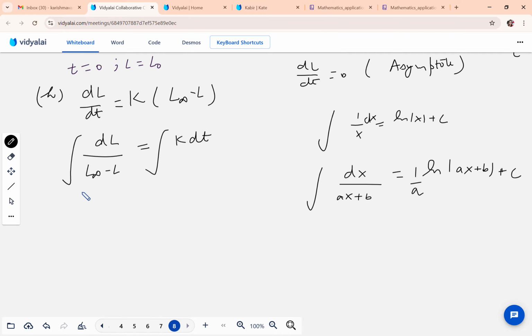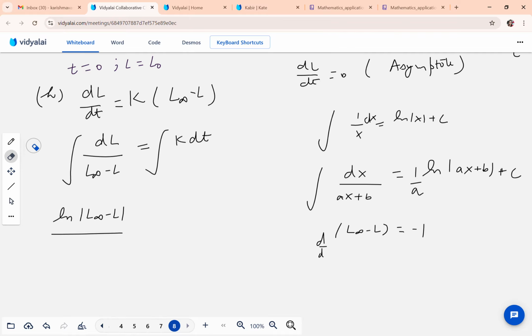Similarly here we are differentiating with respect to L. So it becomes ln mod (L infinity minus L). L infinity is just a constant, L is a variable. So the derivative with respect to L of L infinity minus L will be minus 1.